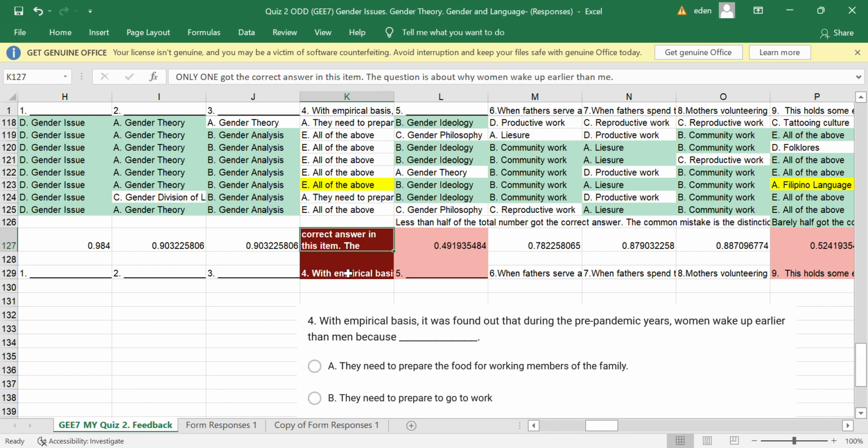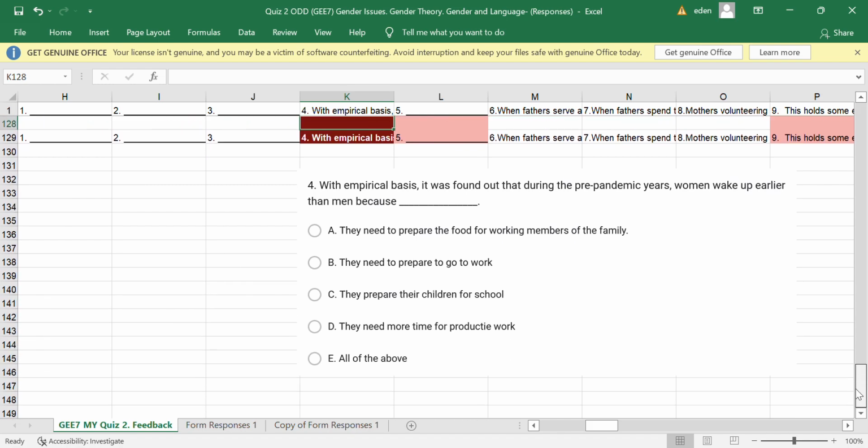The question is, with empirical basis, it was found out that during the pre-pandemic years, women wake up earlier than men because, so the answer here is letter C.